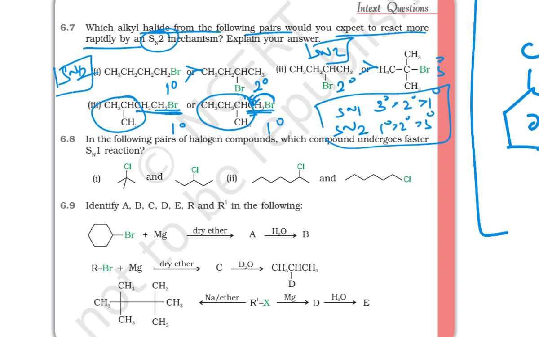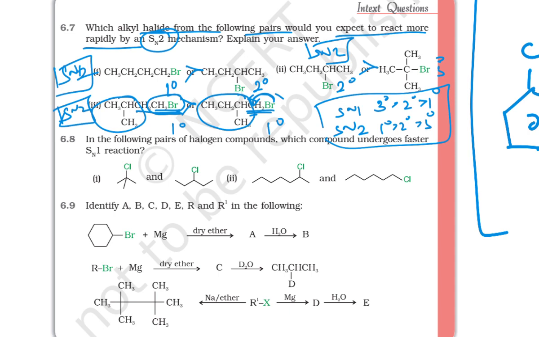If a bulky group is present on or near that carbon, SN1 is more reactive compared to SN2. So this one has the bulky group away from the halogen bonded carbon, so this only is more reactive towards SN2.